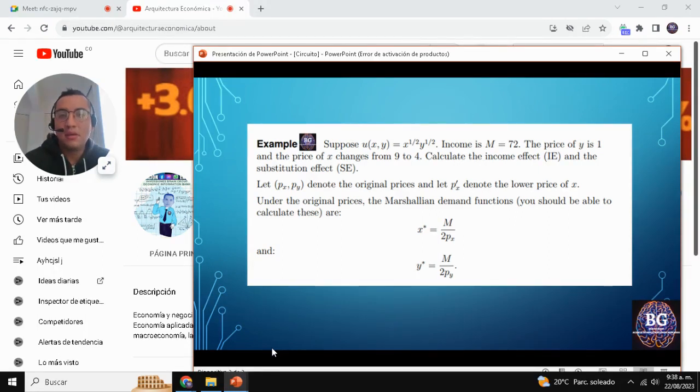Let price x and price y denote the original prices, and let p prime x denote the lower price of x. Under the original prices, the demand functions. You should be able to calculate these and the next functions.